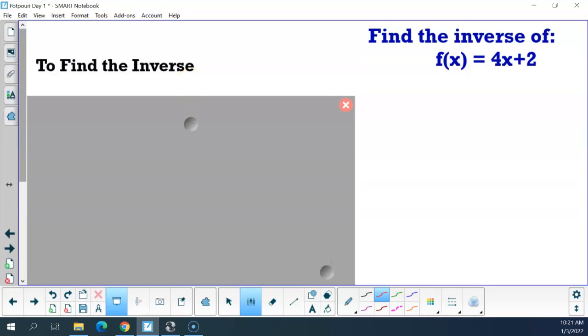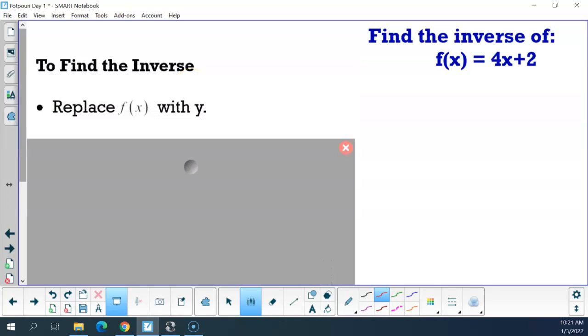All right. So to find the inverse, the first thing that we're going to do is take it out of function notation, and make it into an equation. So we're going to take f of x and make it be y instead.